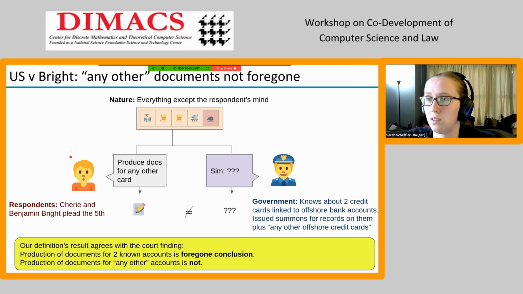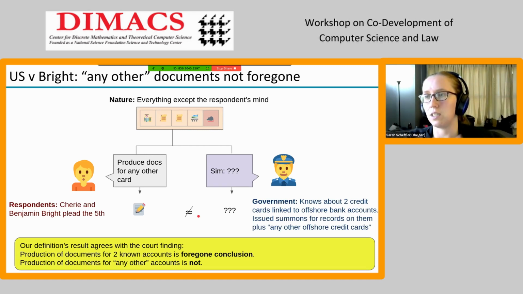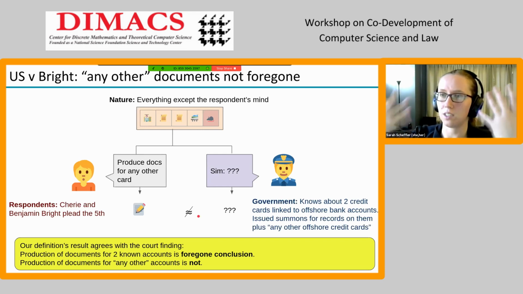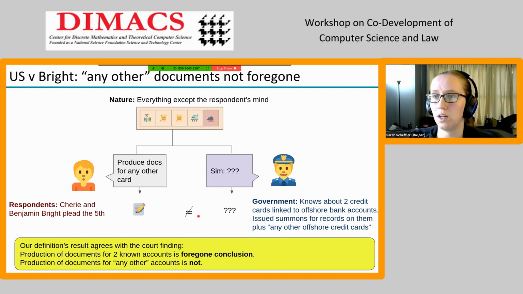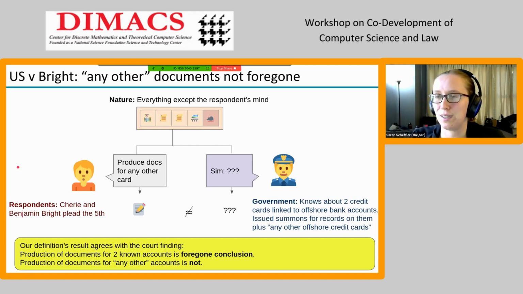In fact, for any simulator, it's probable that the respondent would be able to equivocate to a world where that simulator wouldn't work. And this matches up with the intuitive idea that in this case, the response to the subpoena is implicitly testifying to the existence of these other accounts. Okay, so hopefully we're all moderately happy with this definition, and if we're not, you can fight me in the Q&A afterward.